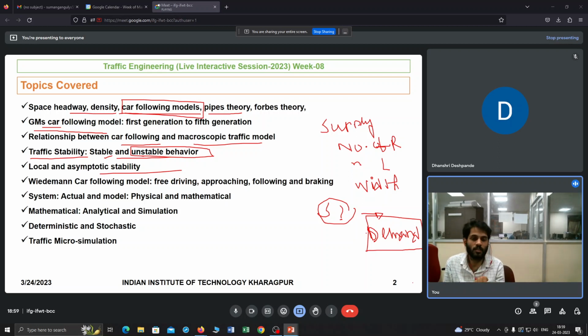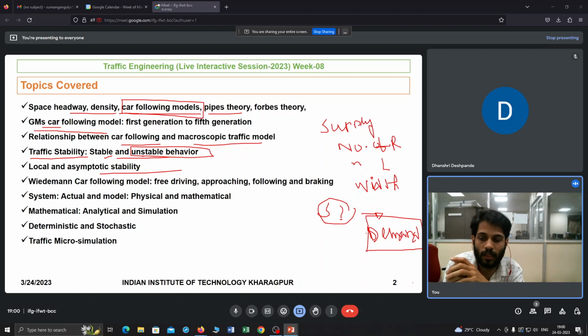And also stochasticity, because there could be stochasticity in the field. Suppose the time is 10 to 11 in the morning and you measure that traffic flow is 4000 at a particular stretch. If you go on some other day, we may find that it is not 4000, it is 4200, maybe sometimes 3800. So this kind of fluctuation is there.